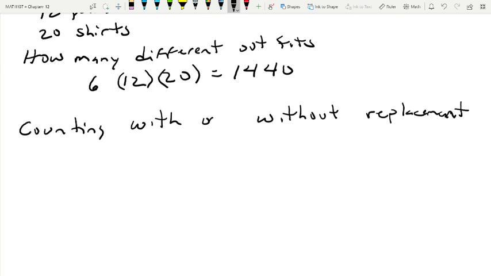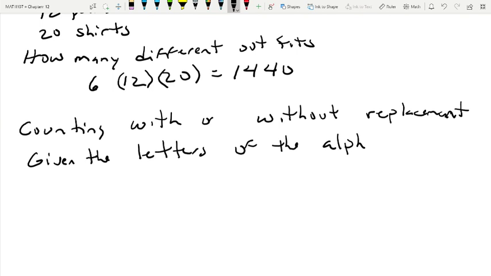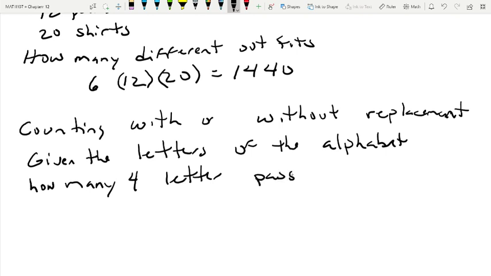So let's say, given the letters of the alphabet, how many 4-letter codes, 4-letter passcodes are possible?